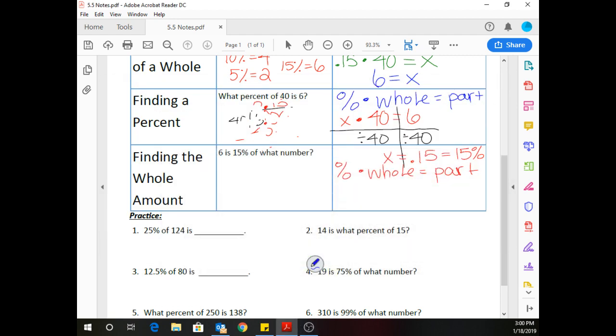You should have said, you know the percentage, and you always write the percentage as a decimal. You don't know the whole, and you know the part is 6. You should have gotten that far.